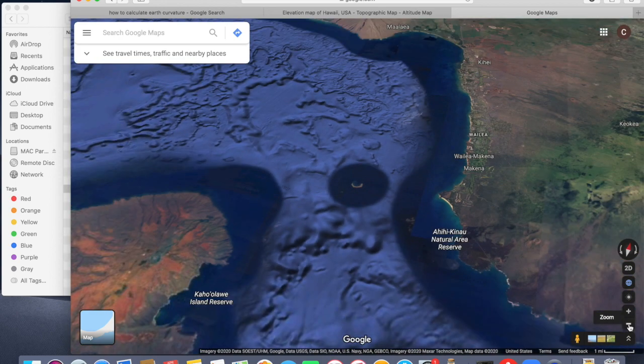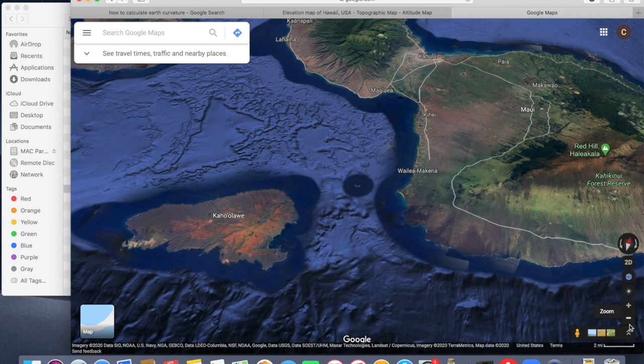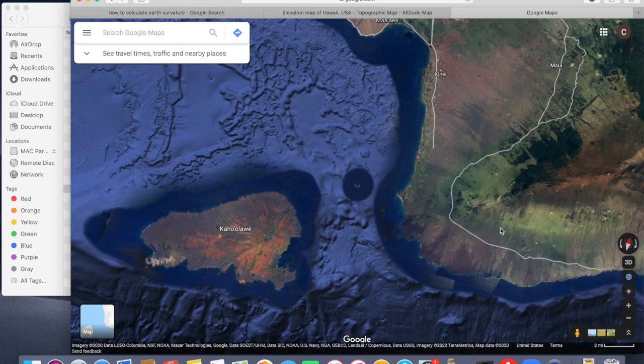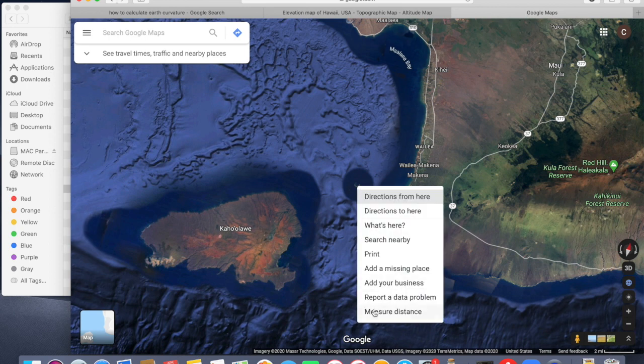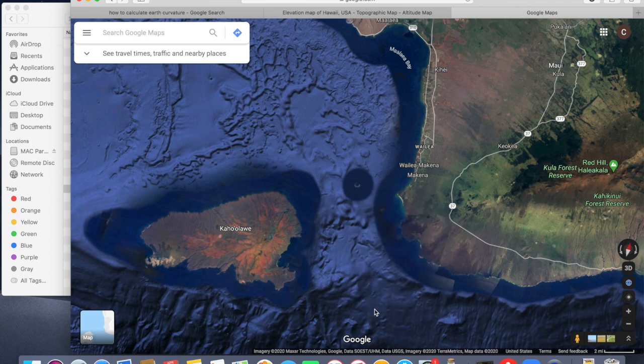And we're observing that from the Big Island. So let's measure the distance of what we're measuring here. Distance of our sight.